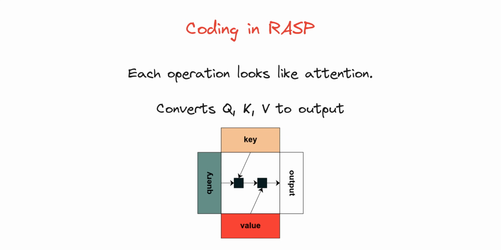Finally, once we've combined the key and the query, we'll use that to go over the values to produce the output. The way this works is we simply see which keys and queries matched, and then we sum up over the corresponding values. This is obviously a simplification of the full attention process that we saw in section 2, but it can be used to build simple programs which can then be translated into transformer weights.